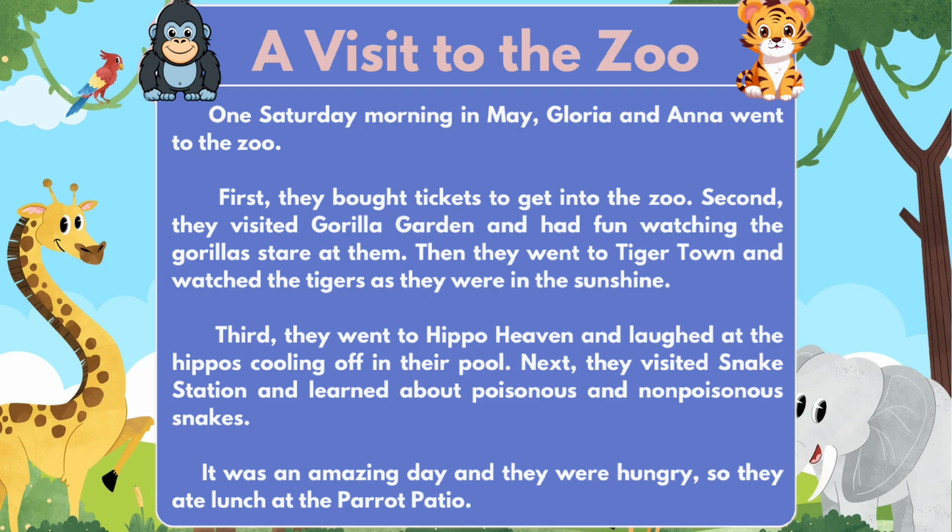Third, they went to Hippo Heaven and laughed at the hippos cooling off in their pool. Next, they visited Snake Station and learned about poisonous and non-poisonous snakes. It was an amazing day and they were hungry, so they ate lunch at the Parrot Patio.